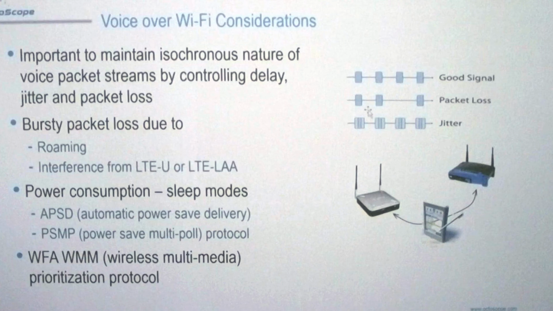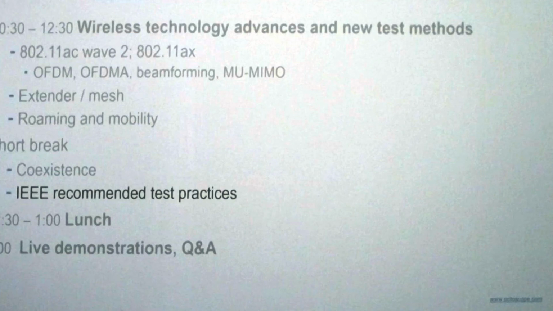And of course, when you're roaming, if you see roaming delays, like what Jamin showed us of several seconds, you'll miss some voice for several seconds. So this is kind of a mission-critical application. And of course, you also have power consumption, sleep modes. There's a lot of extensive test cases we can define for this voice test.